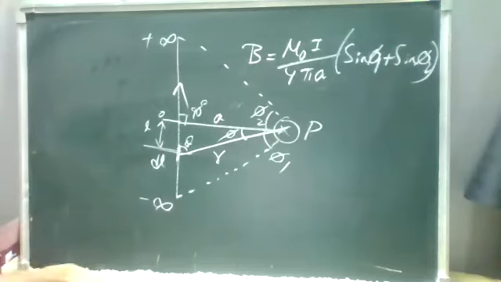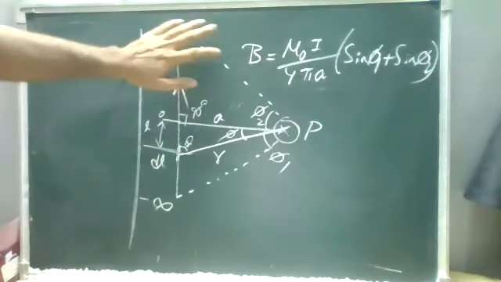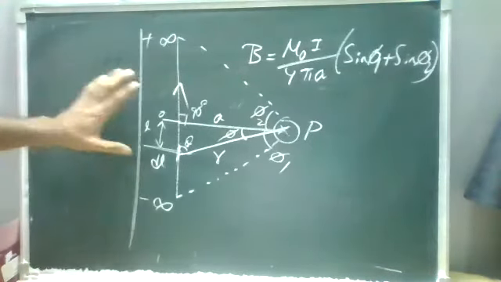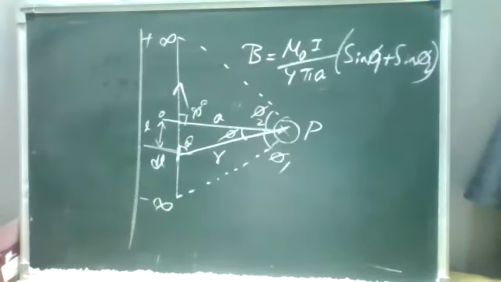It is for a straight current carrying conductor, the magnetic field at a distance at point P. Now we'll take some special cases.